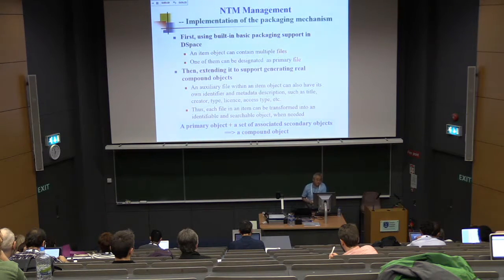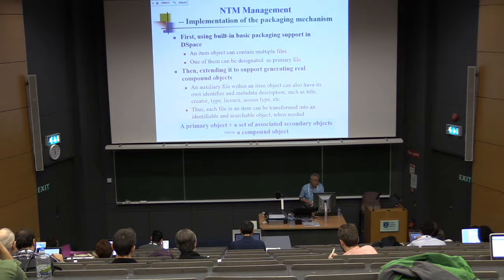That is to say, any auxiliary file within the item object can also have its own identifier and metadata description, such as title, creator, type, license, access type, and so on. In this way, each file in the item can be transformed into an identifiable and searchable object when needed.